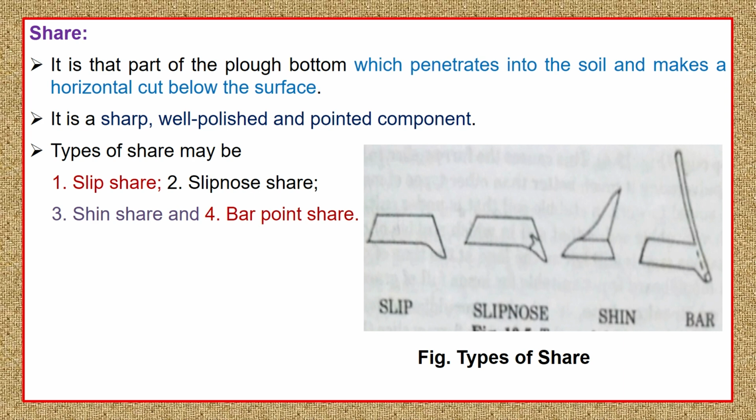Shin shear is a similar type of slip shear, but it has some extension towards the mold board. That extension provides more sturdy strength to the shear when it is working in hard soil. The last one is the bar point shear, as its name suggests. Here there is a bar which will act like a shear point, and also somewhere it serves the purpose of landside.